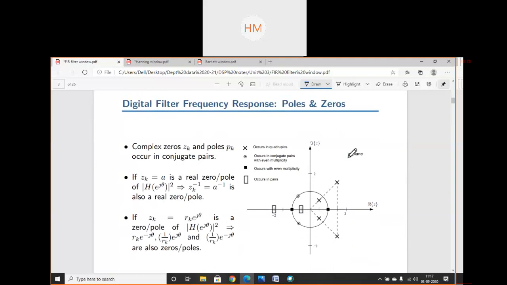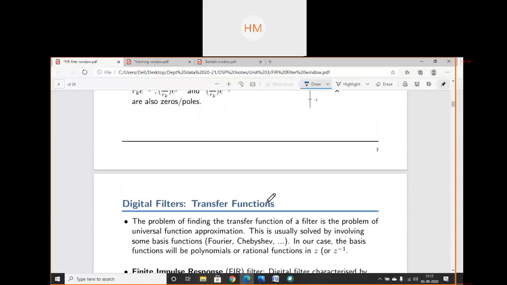Poles and zero plot is very important when we simplify the Z transform of any impulse response. We have to plot. So what are its properties that we have discussed? If pole is real, then its complex conjugate, its inverse will also be real. These properties we have discussed.